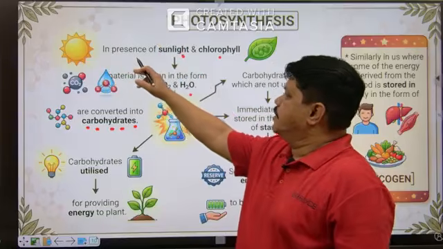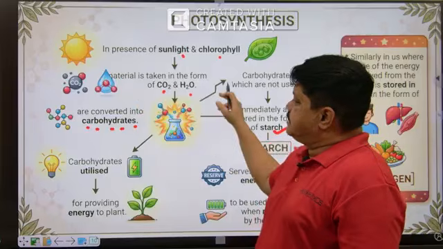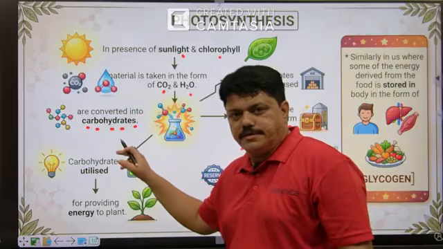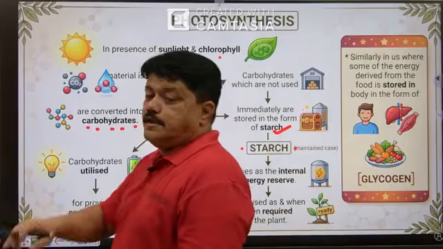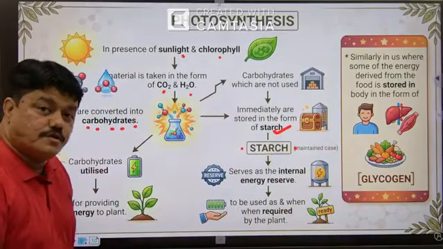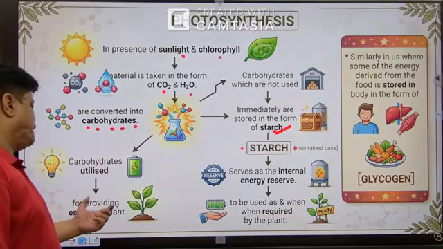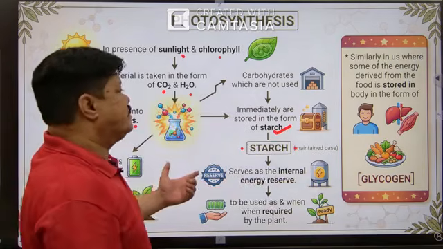So, the simple process of photosynthesis, have a quick look. In the presence of sunlight and chlorophyll, materials taken in the form of CO2 and H2O are converted into carbohydrates. The process is called photosynthesis. During photosynthesis, glucose molecules or carbohydrates are formed, which are utilized for providing energy to the plant. But what about excess glucose molecules?